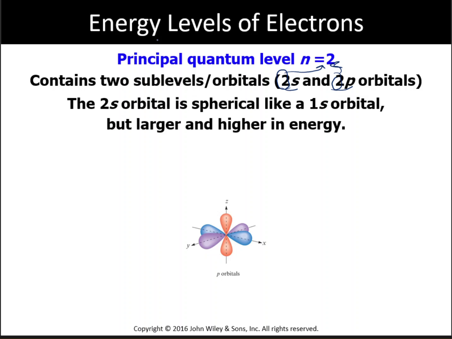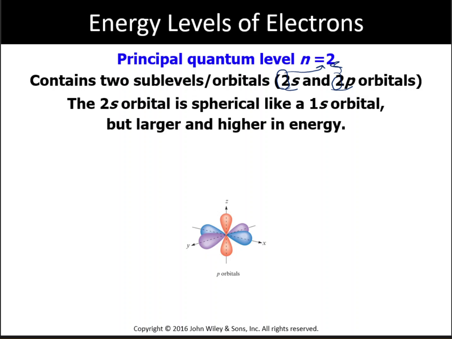The other sublevel is the p sublevel in the second energy level. Now, the p sublevel looks like dumbbells. So, since it looks like dumbbells, as you see on the slide, it looks different if you look at it from the x, y, and z axes.